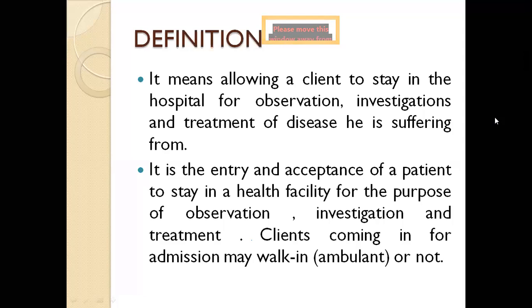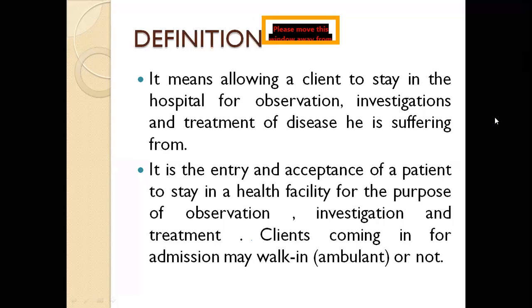The next definition is, it is the entry and acceptance of a patient. It is the entry of a patient to the hospital, and the hospital has accepted the patient to be admitted, to stay in a hospital or health facility for the purpose of observation, investigation, and treatment.